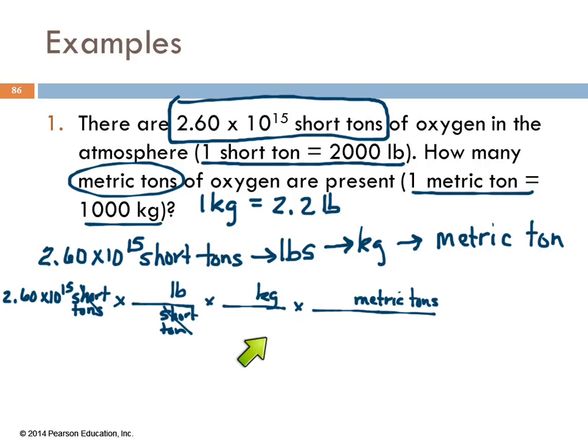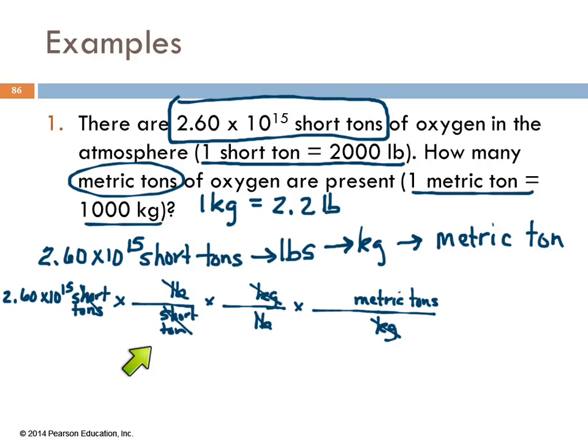So we're going to divide by pounds in the next factor. Pounds cancel out. This is dimensional analysis. The units tell us what to do. Kilograms, we want to get rid of them, we divide. All the units cancel out. We do all the units first, then we go back and put in the numbers.